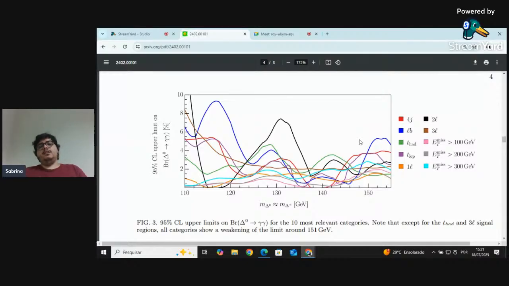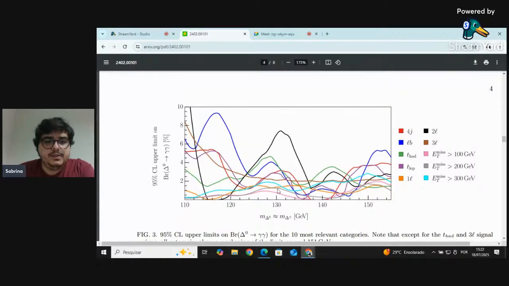So when the graph goes up, the limit weakens, because you have a smaller region of the parameter space which is excluded. Okay, so the limit gets weakened at 151 GeV, and it gets weak in this region here. Okay, that we are going to see in the next graph.